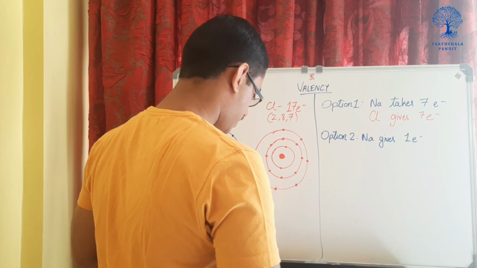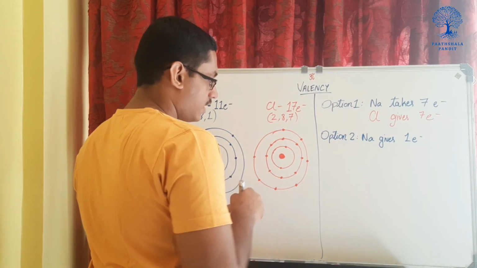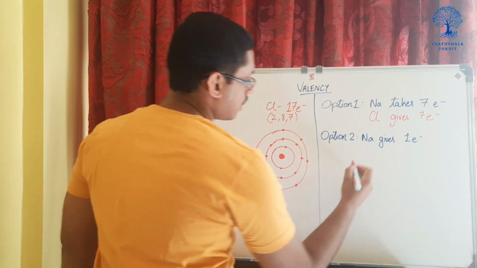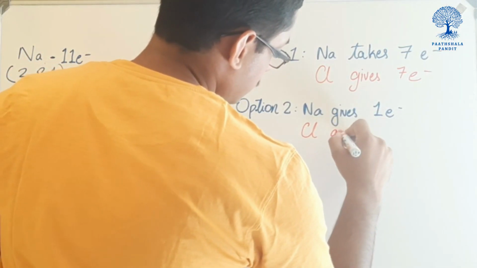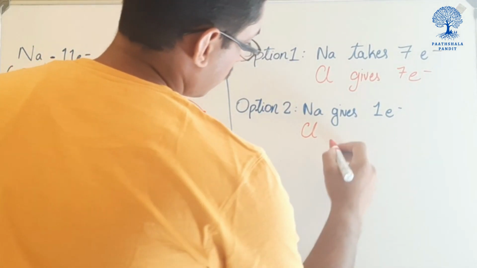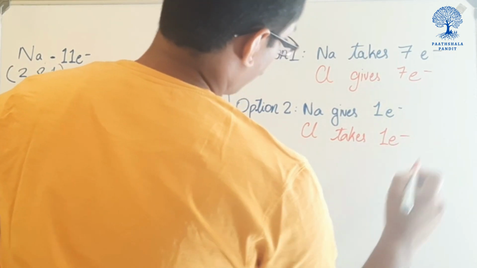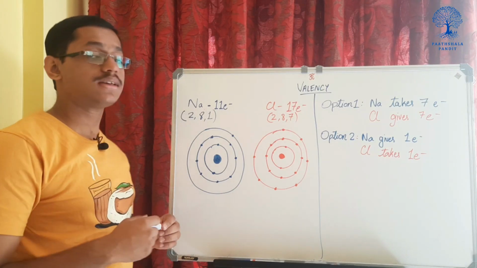And the other option is, the second step is chlorine takes 1 electron.